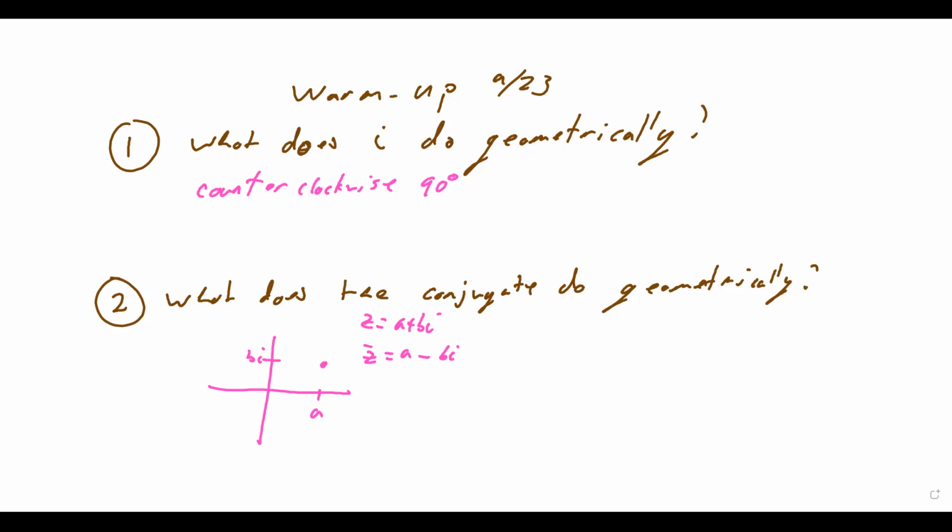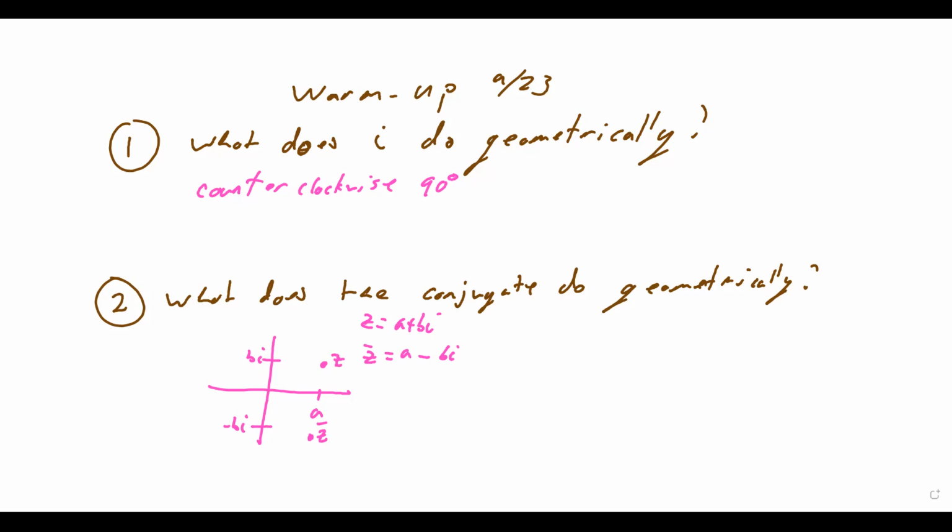The imaginary part. So if I had to graph it, my a is still here, right? But now negative bi is down here. So this is where the new graph would be. So this would be where z is at, and this is where z's conjugate is at. Graphically, how would you describe that? Not flip, but not mirrors. What's another word?